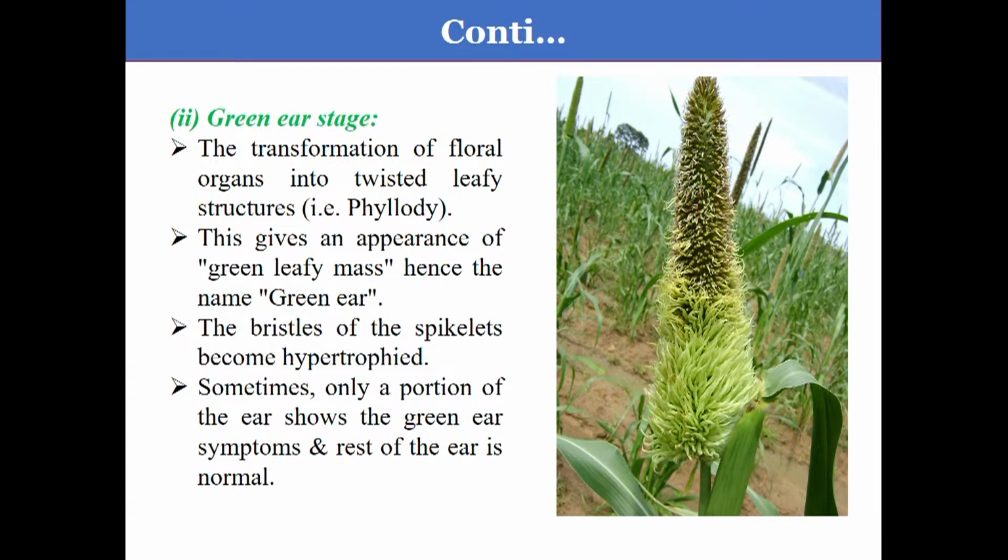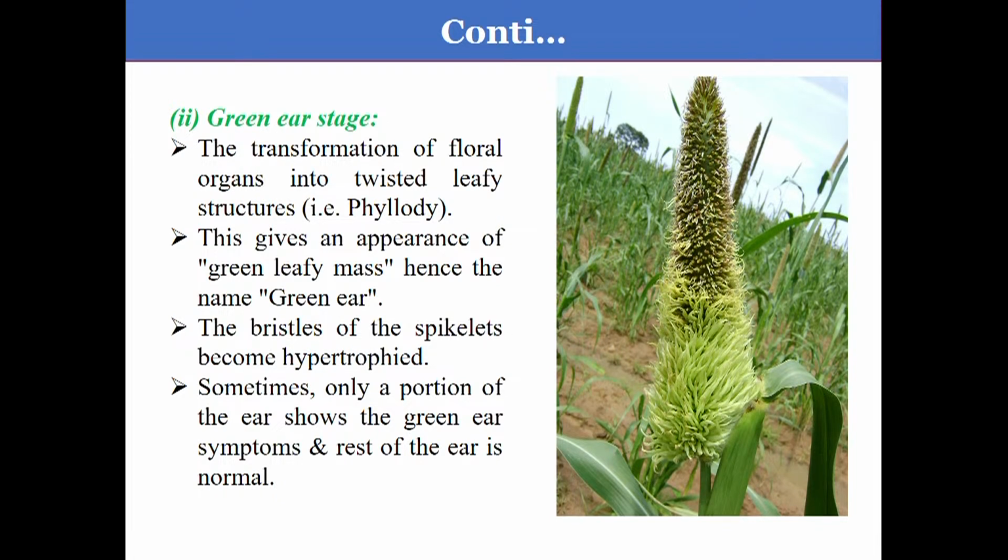You can see in the photographs, this is the ear head of the Bajra, but it is not a normal ear head. In the lower Bajra earhead, the leafy structures can be clearly seen. Very small scaly leaves are seen here, the other part is normal, and the inflorescence is also malformed like that.